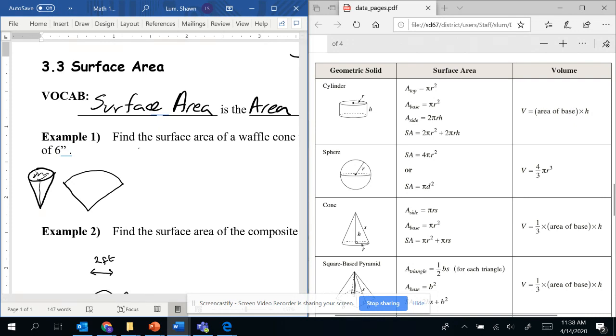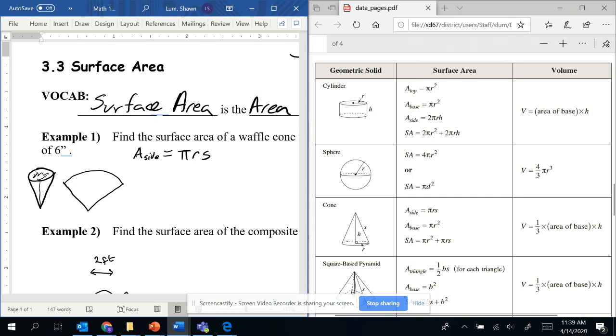Okay, so we want the area of the side equals pi r s. Now, we're going to be talking about this a little bit more, but area of the side, pi r s, this formula only talks about the surface area of the outside of the cone.